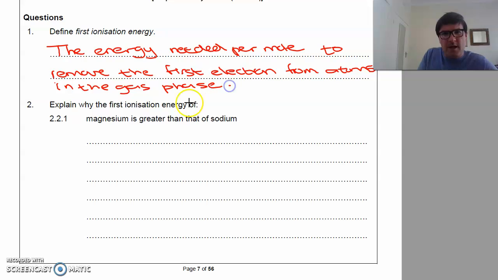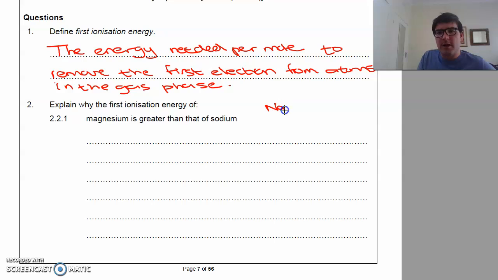Okay. Our second question says: explain why the first ionization energy of magnesium is greater than that of sodium. Now guys, when you discuss this, you always need to look at where these elements are in comparison to one another on the periodic table.